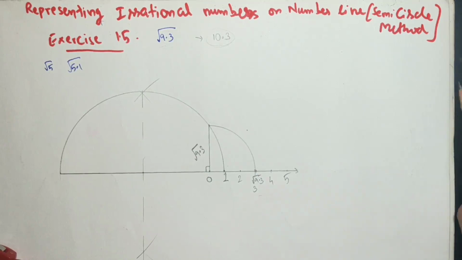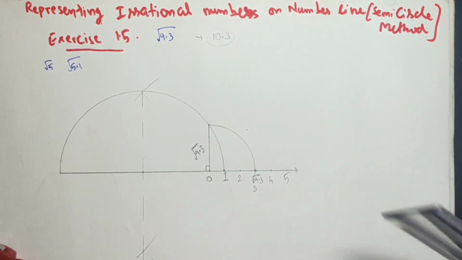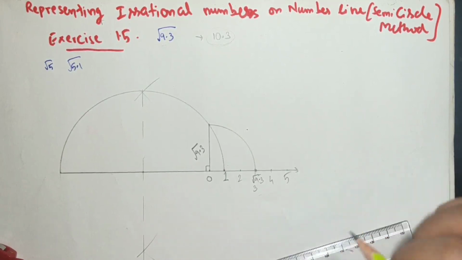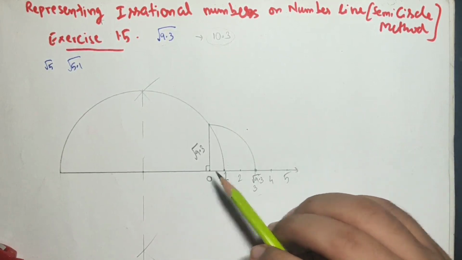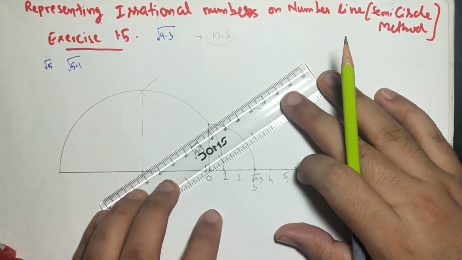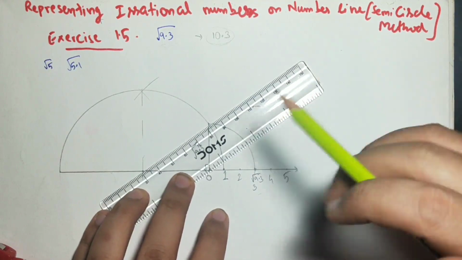Now comes a very important part, the justification. In the justification, as we did in the spiral method, the Pythagoras theorem will apply in this question also. As you can see, there is a 90 degree angle over here. I'm just completing the triangle by connecting the midpoint of the line segment 10.3 to this point.